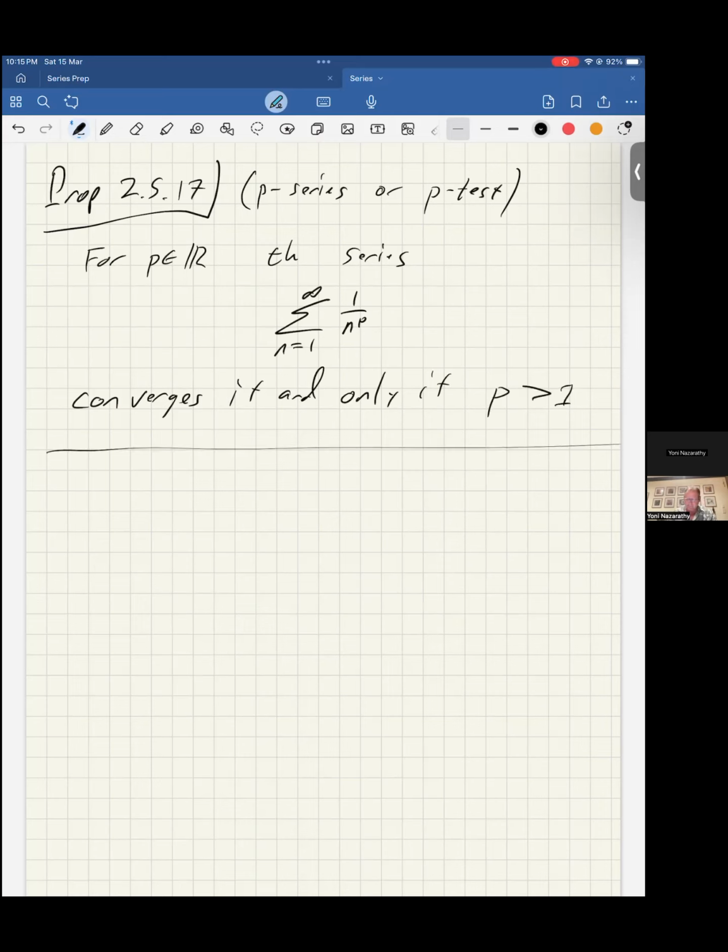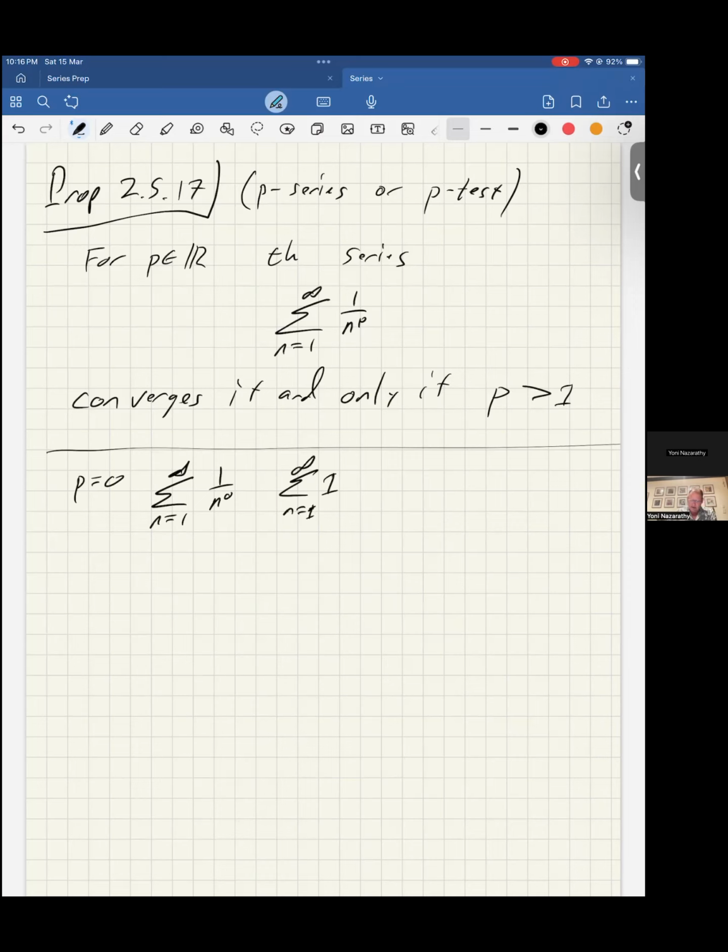Let's see a few things about this. First of all, if p here is, just take p=0, for example. So what is this series? This is the sum from n=1 to infinity of 1 over n to the power 0. That's just the series of the constant ones.